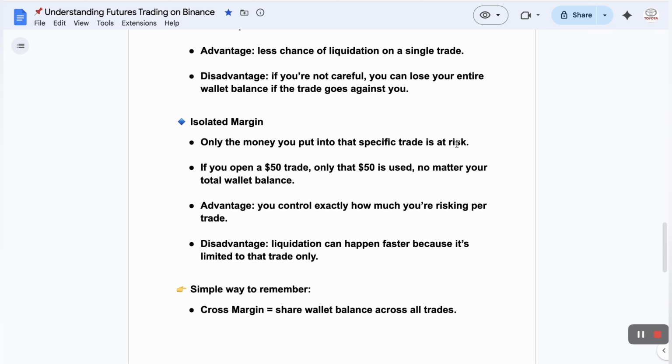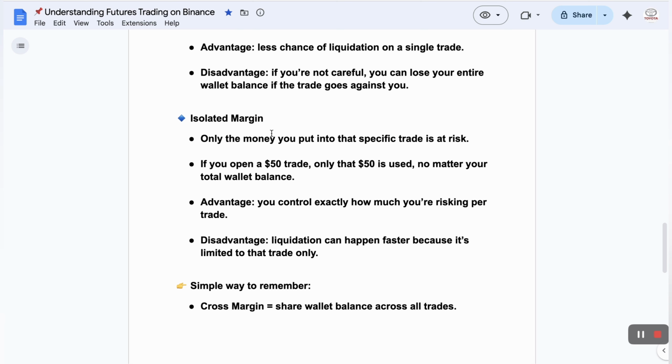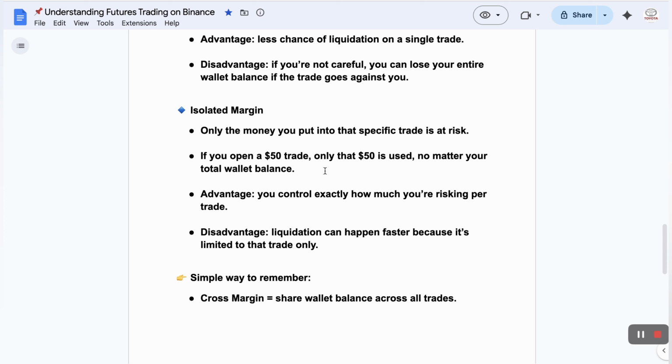Let me explain to you guys. What is isolated? Only the money you put into that specific trade is at risk. If you open a $50 trade, only the $50 is used, no matter your total wallet balance.